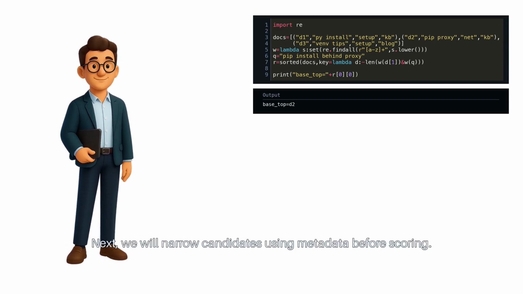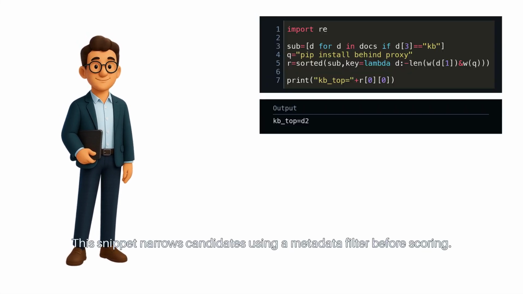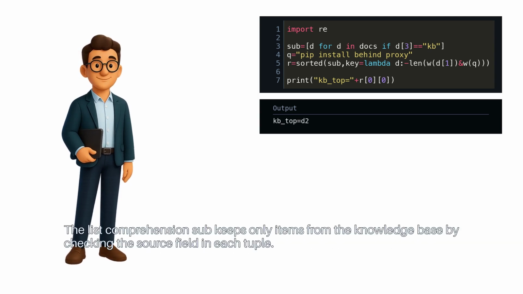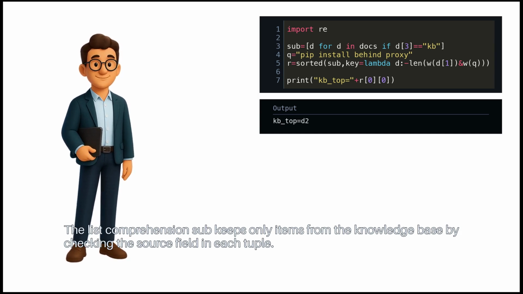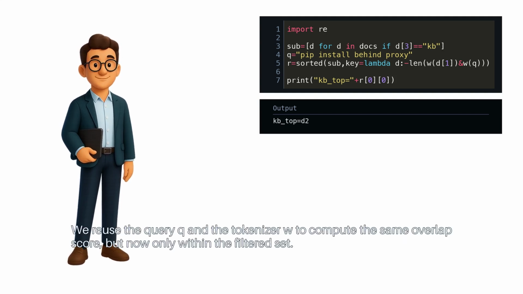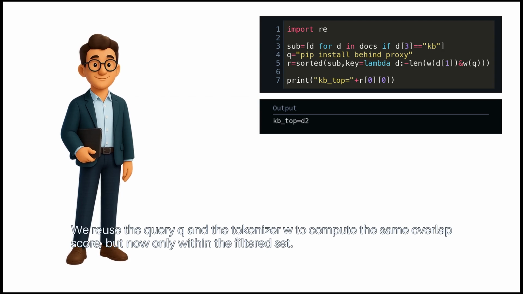Next, we will narrow candidates using metadata before scoring. This snippet narrows candidates using a metadata filter before scoring. The list comprehension sub keeps only items from the knowledge base by checking the source field in each tuple. We reuse the query Q and the tokenizer W to compute the same overlap score, but now only within the filtered set.